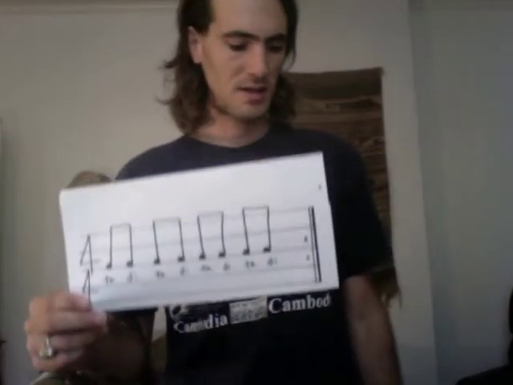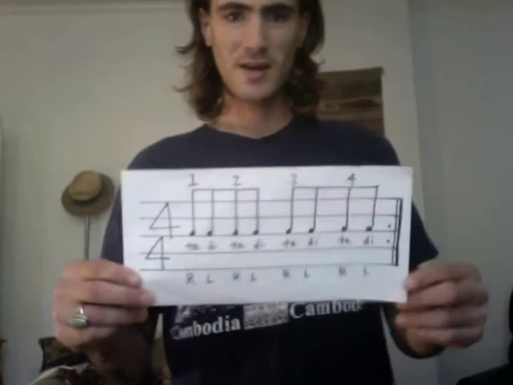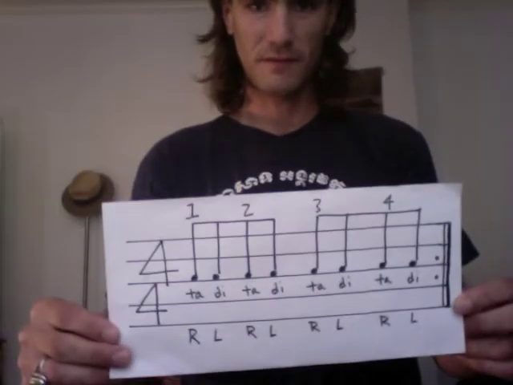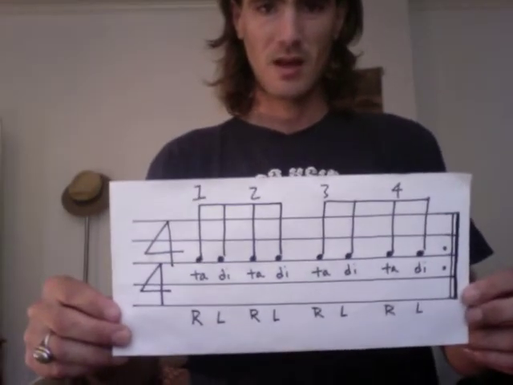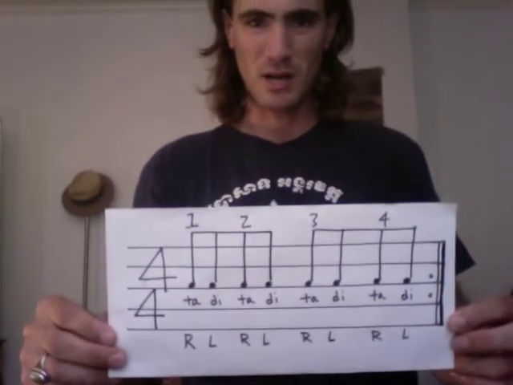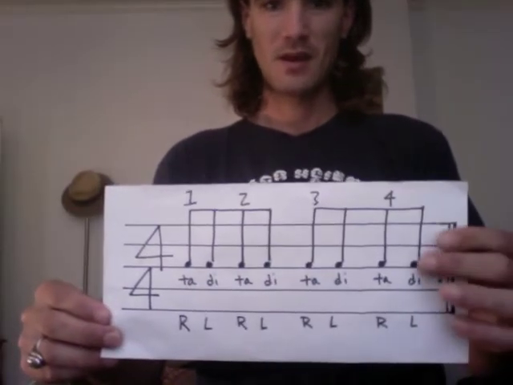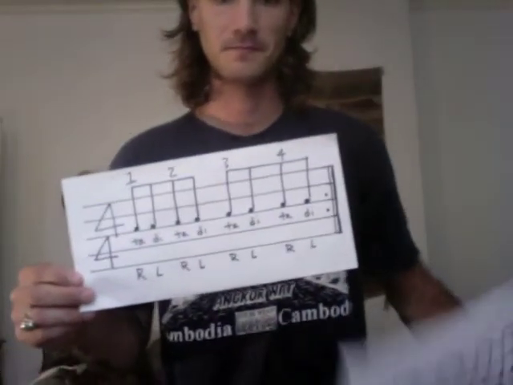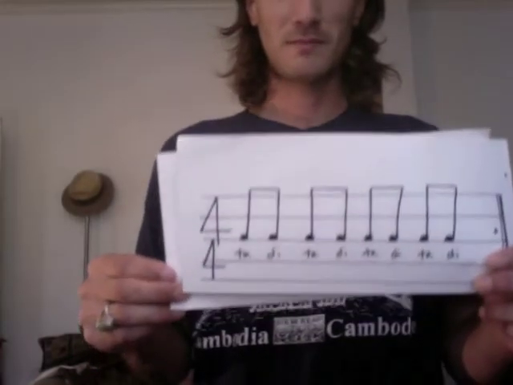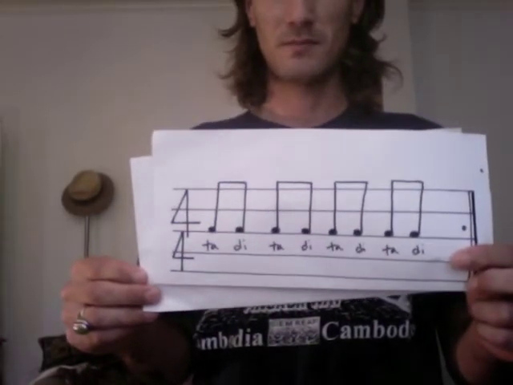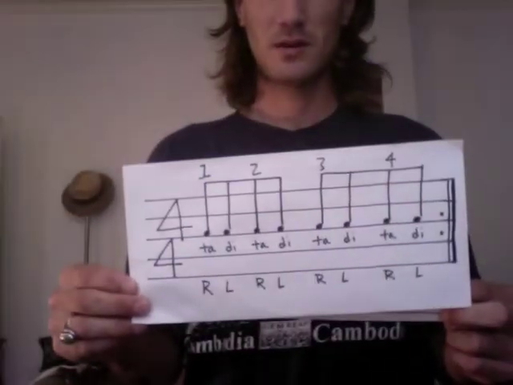Here is that same rhythm written out with some more information. Remember when I said we would talk about flags? Well, let's start there. So you can see the same rhythm, this rhythm, written two different ways.